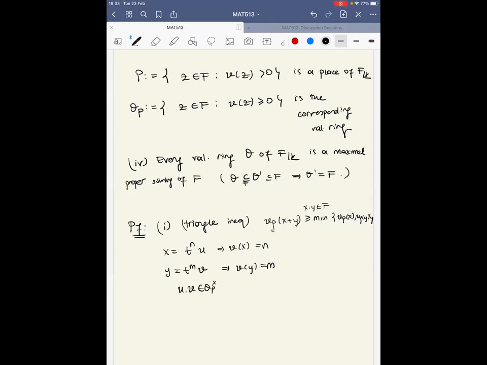Without loss of generality, we may suppose that N is less than or equal to M.